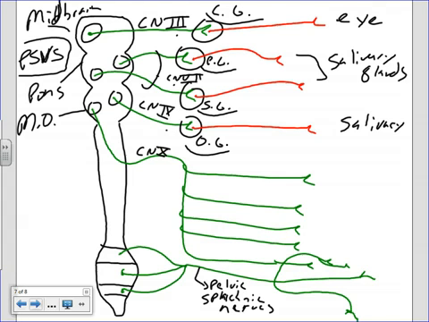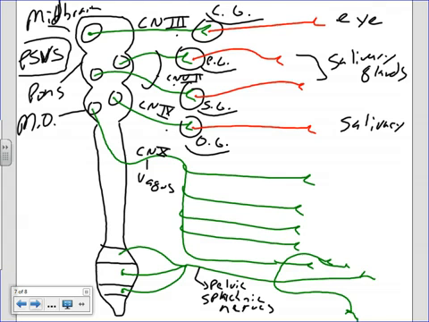Now you can see that we've got cranial nerve number 10, otherwise known as the vagus nerve, which branches down from the head down to the body. The vagus nerve is by far the largest and most far-reaching cranial nerve. In fact, it's the only cranial nerve that branches out outside of the head, neck, and upper shoulders area.